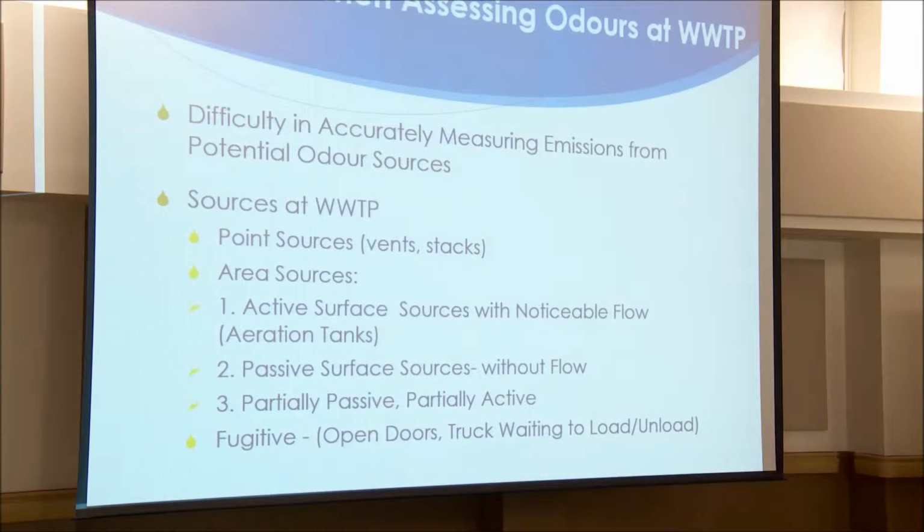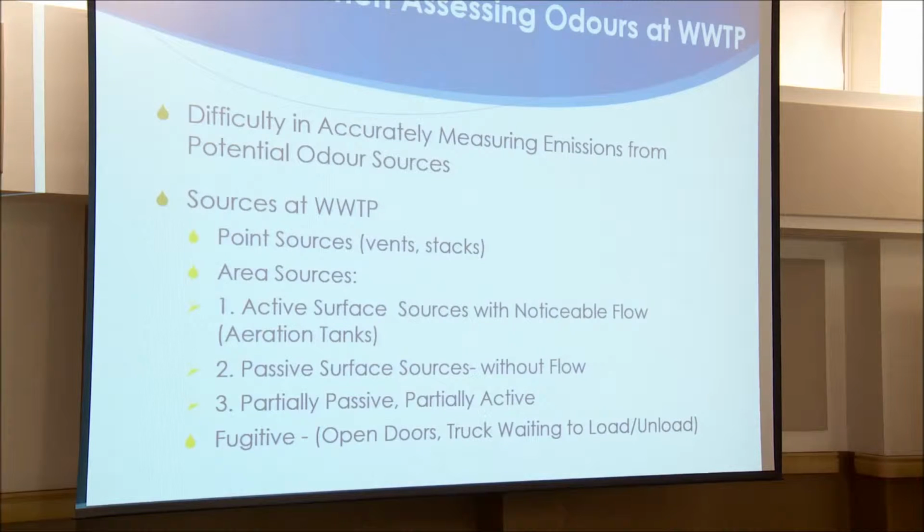Why is it so difficult, and why do we end up with different results when we assess the odors at wastewater treatment plants or any facilities where the majority of the sources are either area sources or fugitive sources? It's a simple question, because there's a standard procedure for assessment of the odors from point sources.